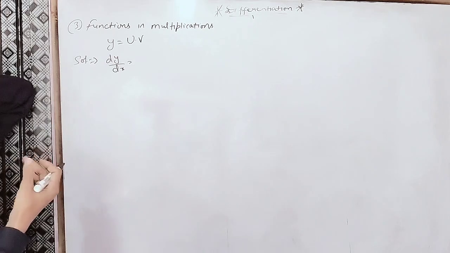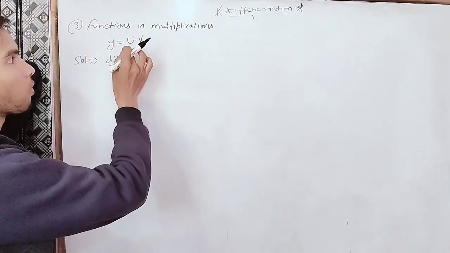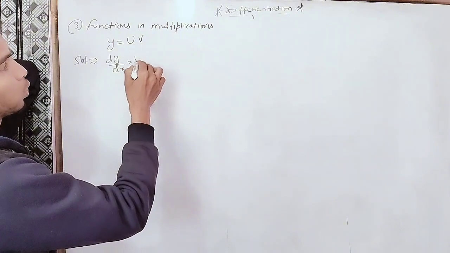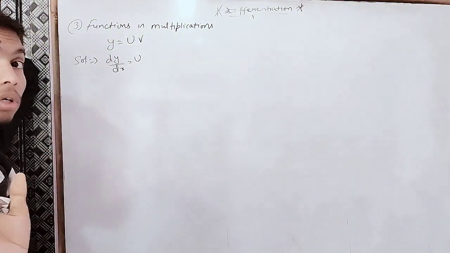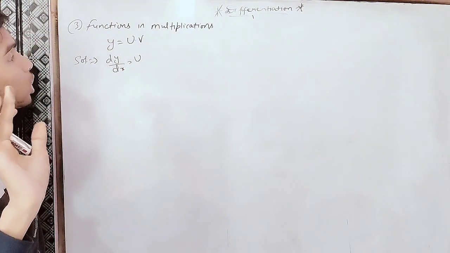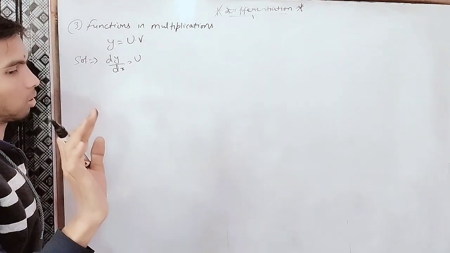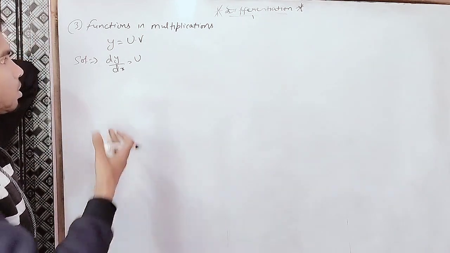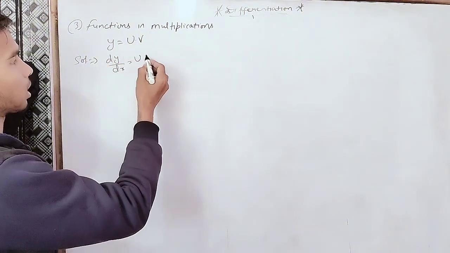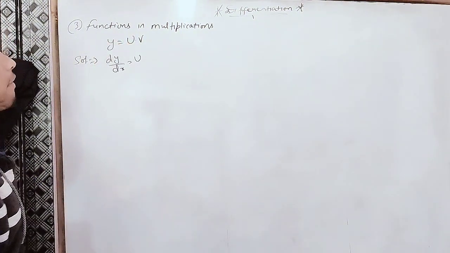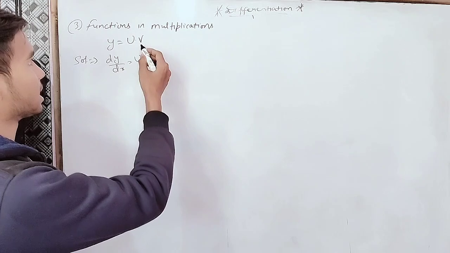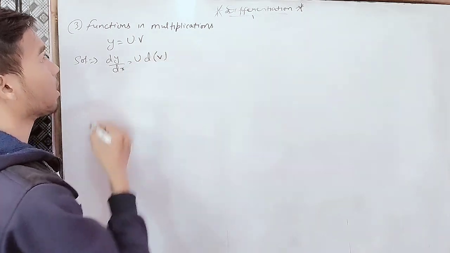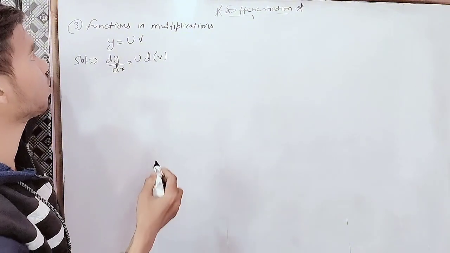It says that first of all you will take the first function u, and you do not differentiate whatever you have taken first. Second, you have to do differentiation of the second, which is v.